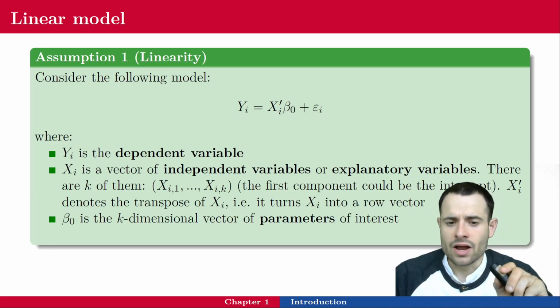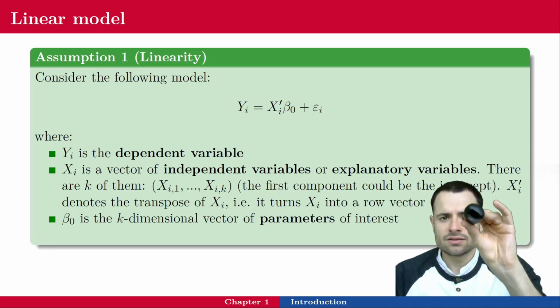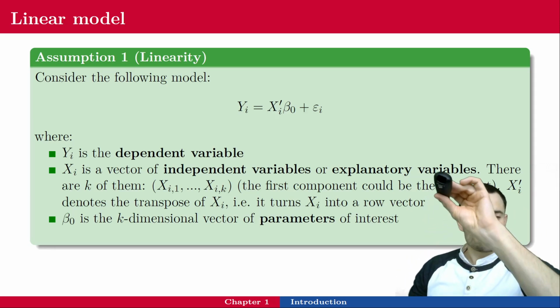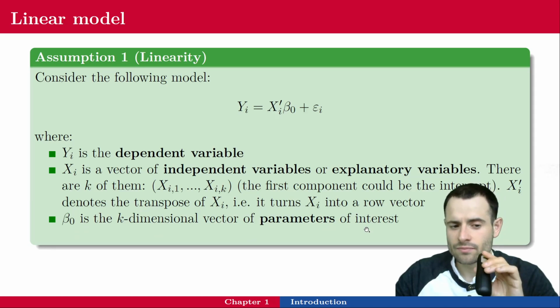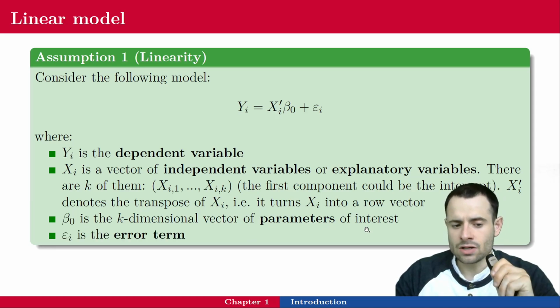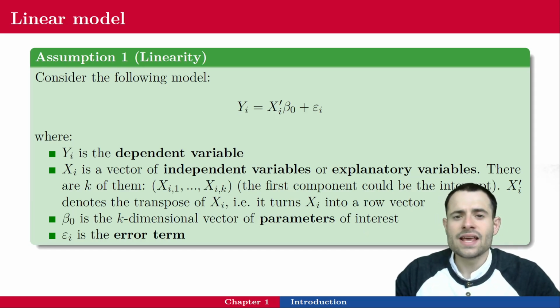So since there are k different x's, there are going to be k different betas. So beta 0 is a k-dimensional vector of parameters of interest. Finally, epsilon, as said before, is the error term. Note that this model has a finite set of parameters.